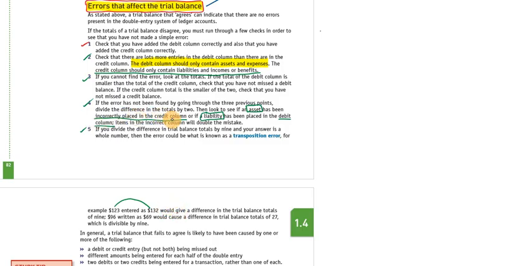And if we halve the difference of debit and credit by 2, it means there may be some entry that is increased by 2 and one entry decreased by 2.